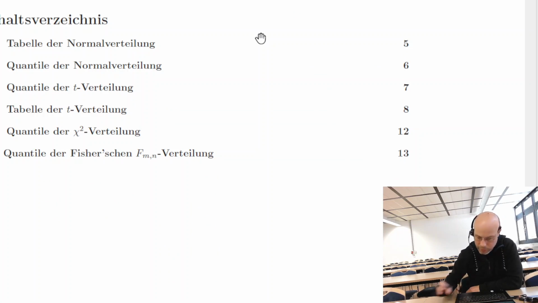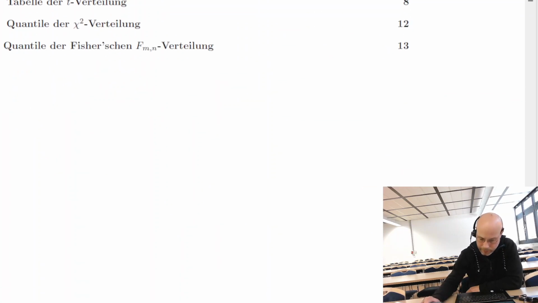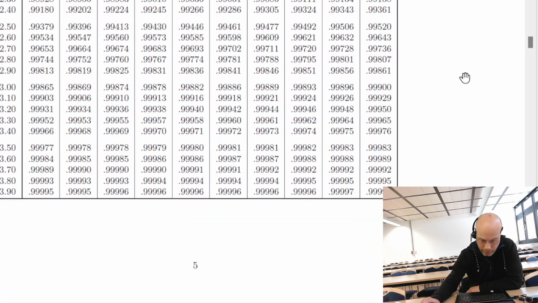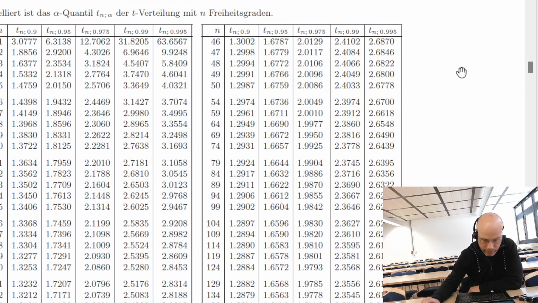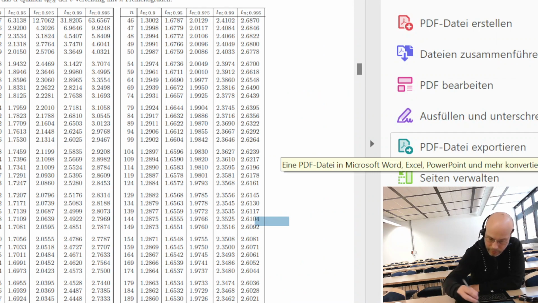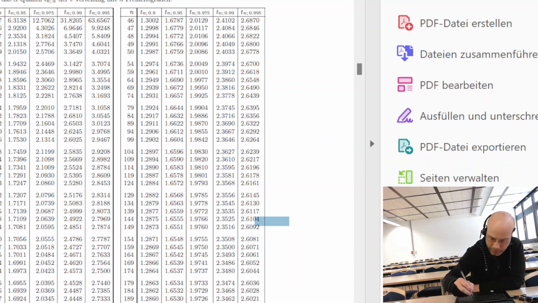And t-distribution. This is the normal distribution. And here we are. T-distribution, we use n minus 1, so we have to go in at n equals 8. So this would be here.